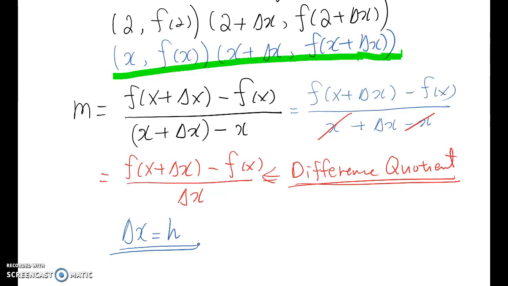So Δx is sometimes re-notated by h, and I may use it too. Even though I'm using h later, don't be confused.